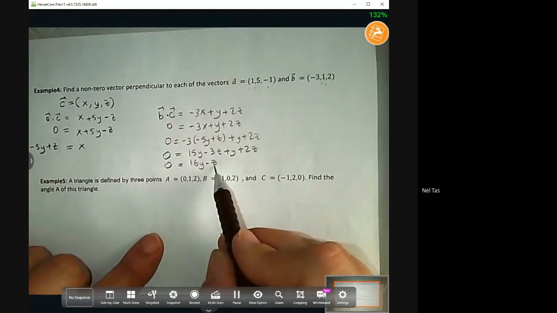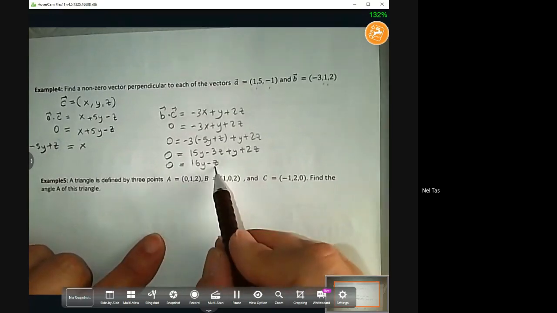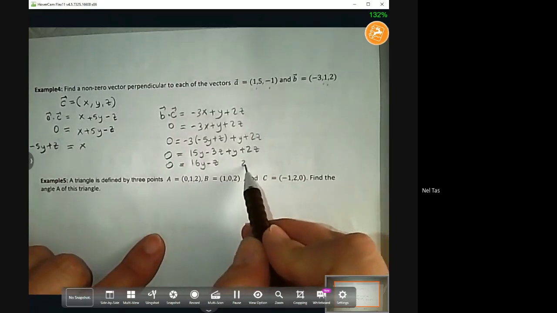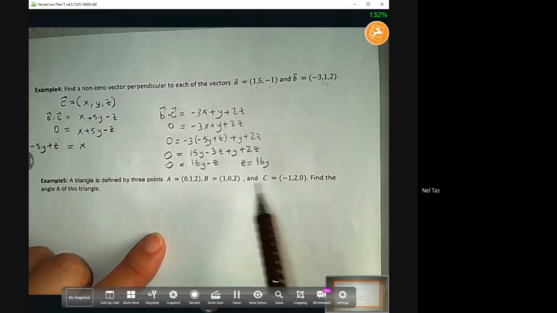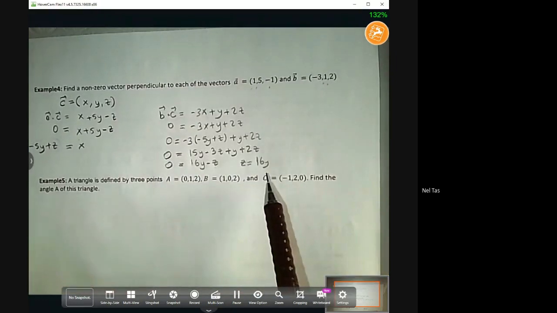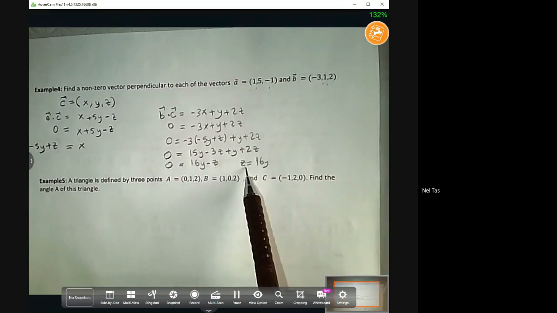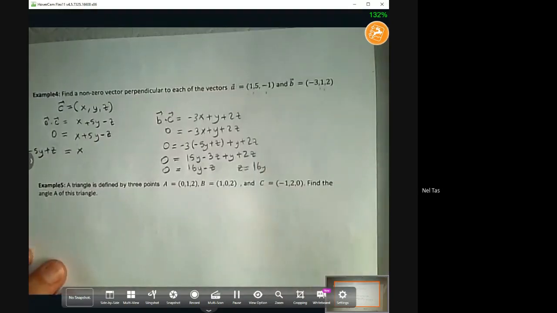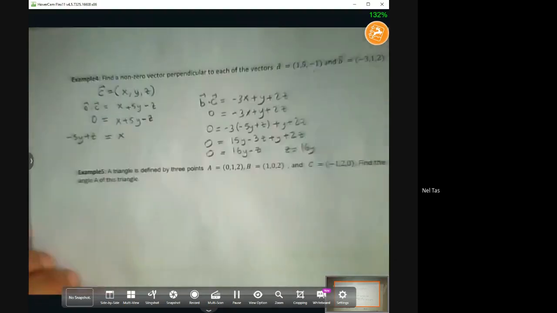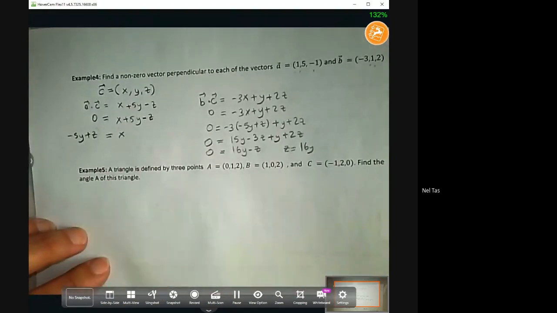Okay, so if we isolate Z from here, we get Z equals 16Y. Okay, we don't know what X is, we don't know what Y is, we don't know what Z is, but we know that at the end, the Z coordinate is going to be 16 times the Y coordinate. So it looks like we can write every coordinate in terms of one coordinate.